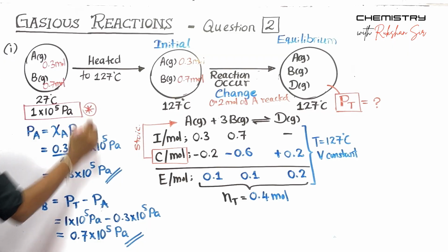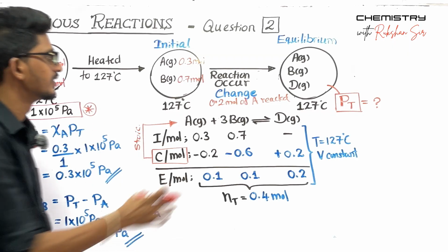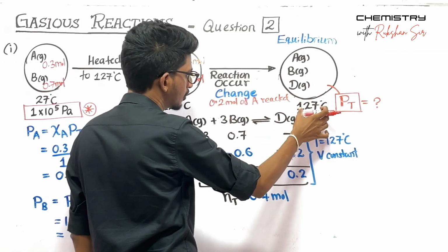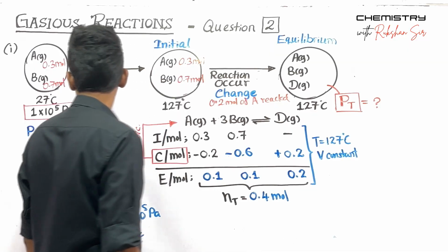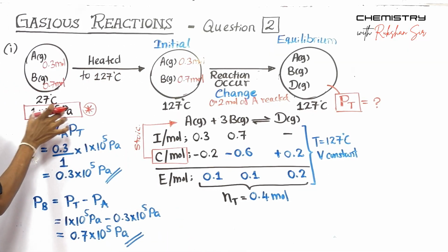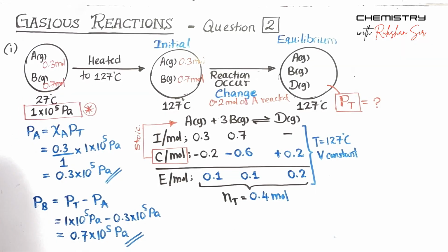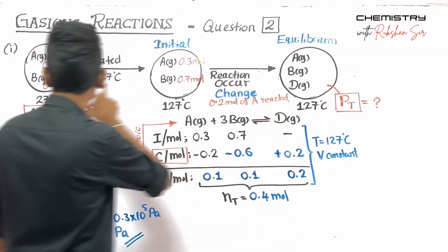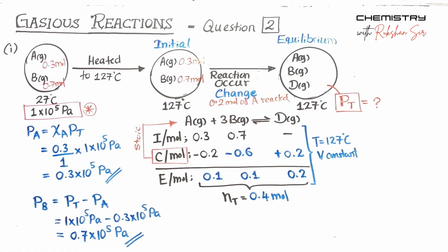So you are expected to relate this system, the system at equilibrium at 127 Celsius, to the system at 27 Celsius initially, before the reaction, so that we can find out the pressure.